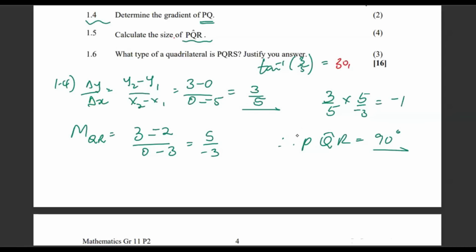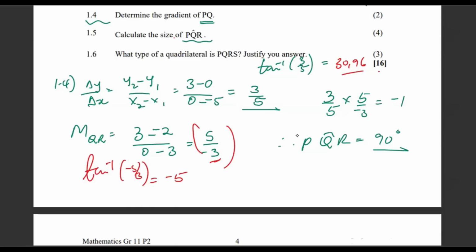And then the shift tan of negative 5/3. That's going to give me the arctan of negative 5/3.